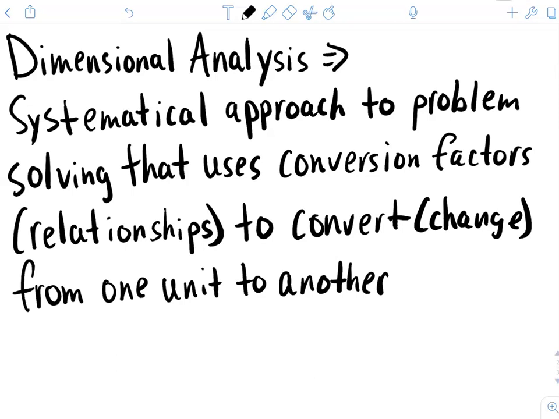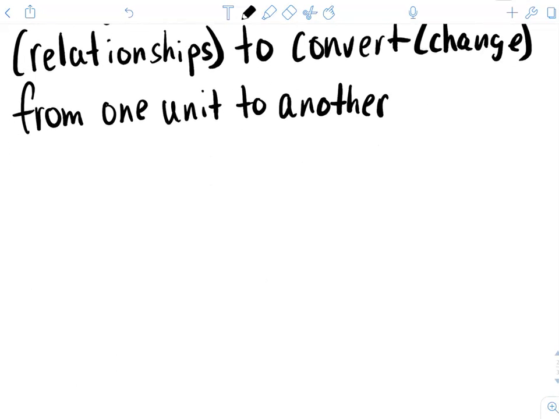Okay, so again, we're going to have a certain process that we follow in order to perform this dimensional analysis or conversion.